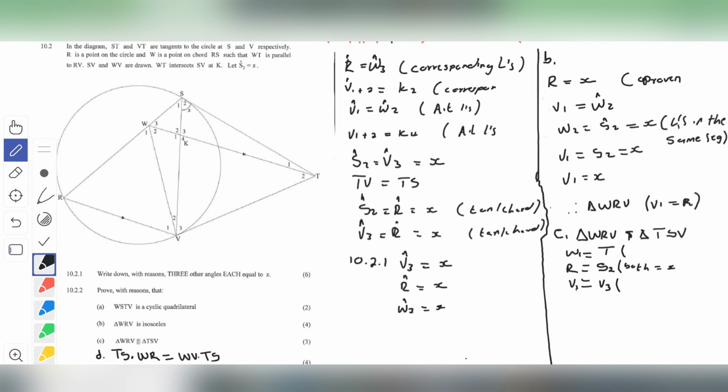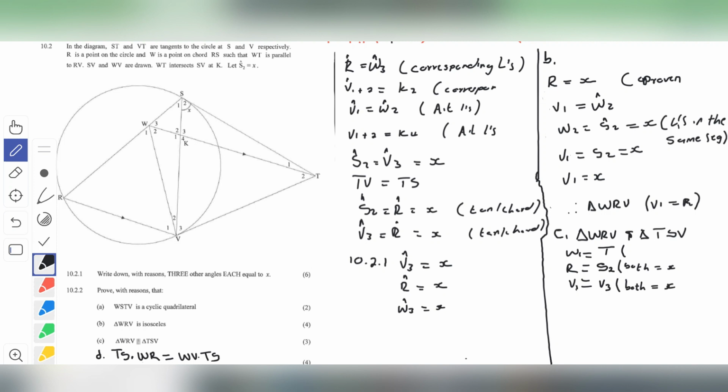Yes, guys, can you see V1? We know that V1 is equal to what? Let's check the data that we wrote. Okay, we don't have V1, right? But then check. Oh yeah, here it is. V1 is equal to X, right? And V3 is also equal to X, so both are equal to X. You see how simple it is?